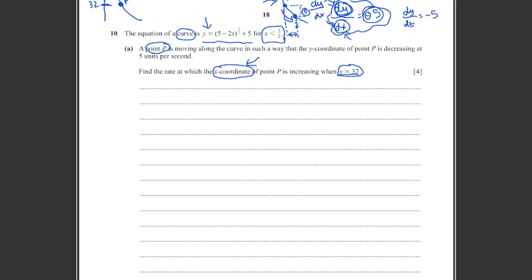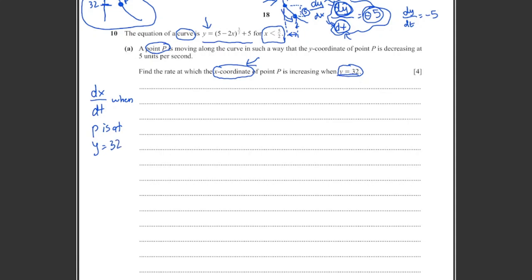So in other words, I basically have to find dx over dt when P is at y equals 32. Now, if that doesn't make sense, I want you to rewind the video and listen to what I just said.